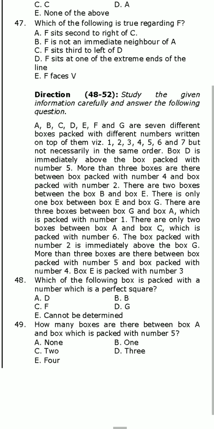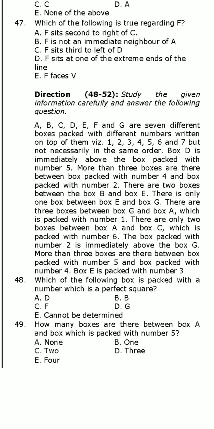48 to 52. So study the given information carefully and answer the following questions. So here A, B, C, D, E, F and G are 7 different boxes packed with different numbers written on top of them. Okay, so now this is box arrangement of boxes in a order type of question. And for this also we have 48, 49, 50, 51, 52, 5 questions based on this, right?